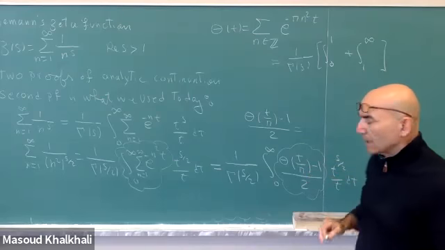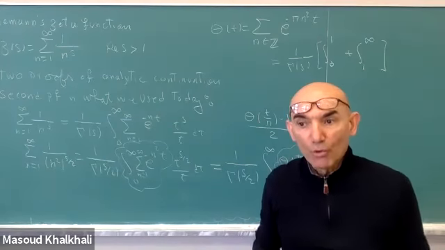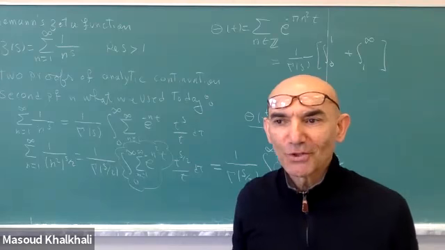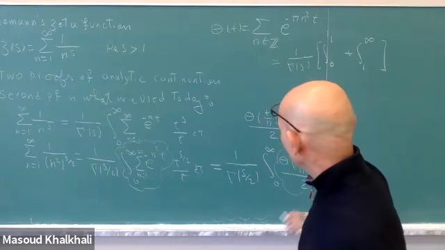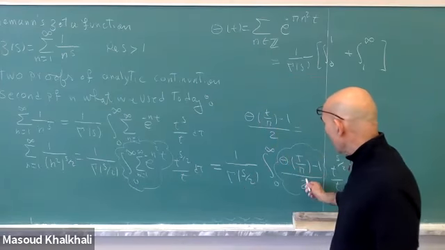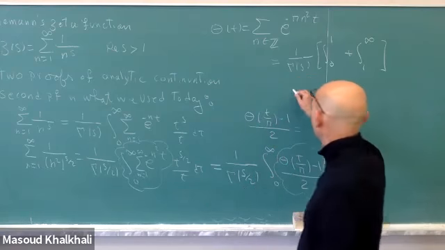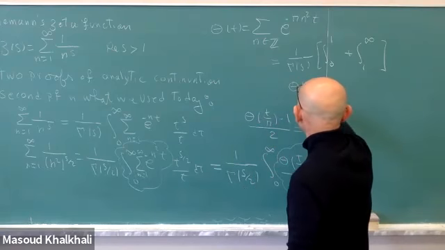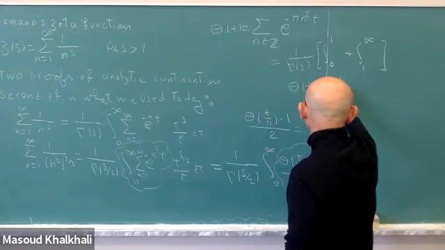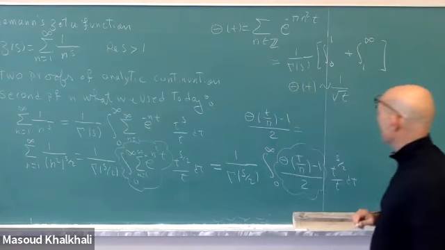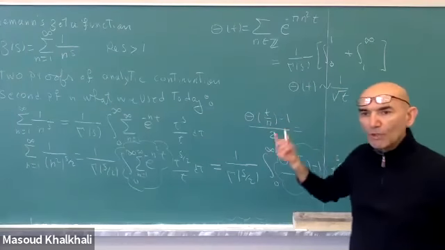But what he did, he knew more. He knew more about this function. The function that appears here is not just asymptotic. The formula that we have is that theta of t is asymptotically 1 over root t. But he had more information.